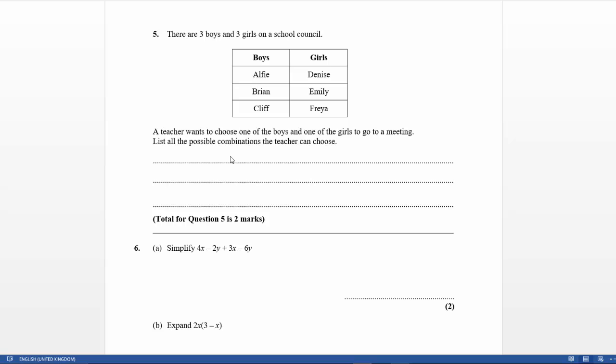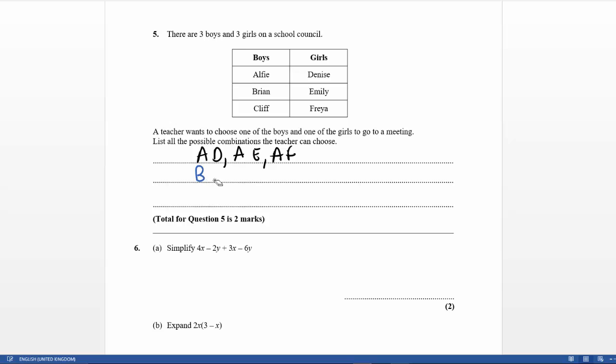So we're going to have a boy and a girl. Let's start with Alfie and Denise. We can also have Alfie and Emily, and then we can also have Alfie and Freya. For our second combination, let's start with Brian.